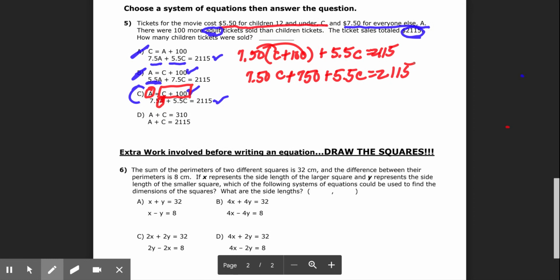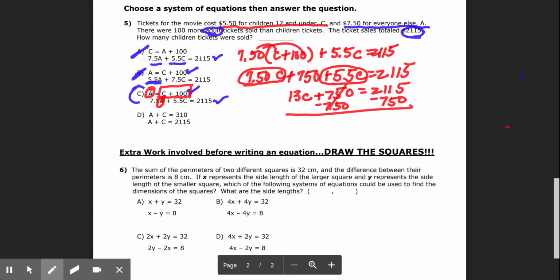So we have 7.5C plus 5.5C gives us 13C plus 750 equals 2115. Then we're going to subtract 750 from both sides. So we have 13C equals 1365.